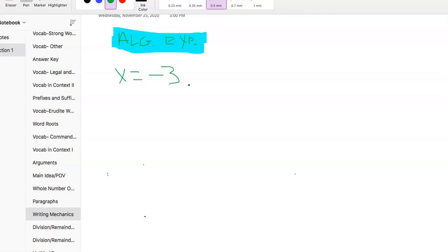And then they give us this little formula: 2x squared plus 4x minus 10. And then they want us to solve for that.